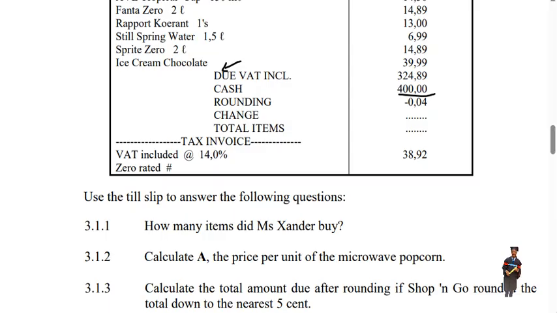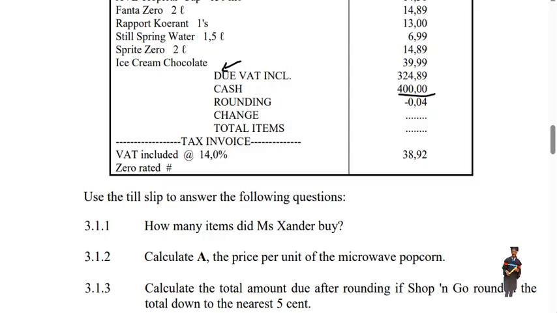Okay, then we have the rounding. The rounding is actually rounding up or down depending on the shop. Okay, they are rounding down to make it possible to calculate the change so that they can give you a meaningful change. Okay, to avoid having a change that will need us to use 1 cent, 2 cent, 4 cent, and all those things, because we are no longer using them in South Africa.